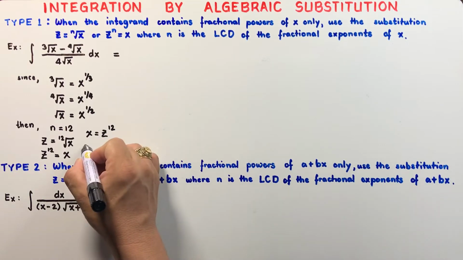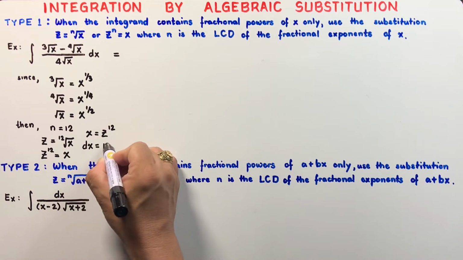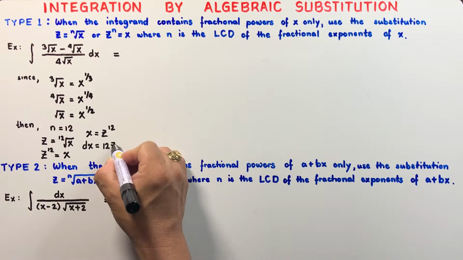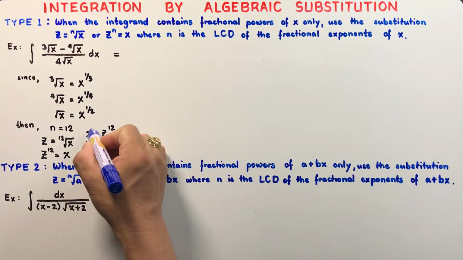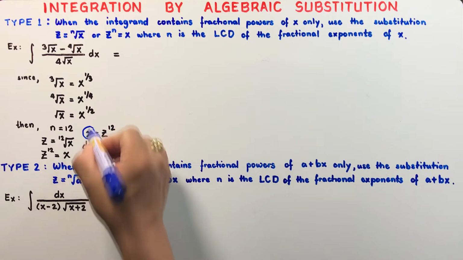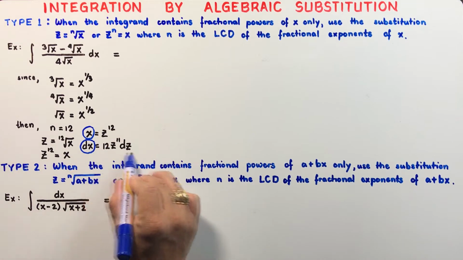Then, we can find our dx here. So, dx is equal to 12 times z to the power 11 dz. This is our representation for x, and this is the representation for our dx.